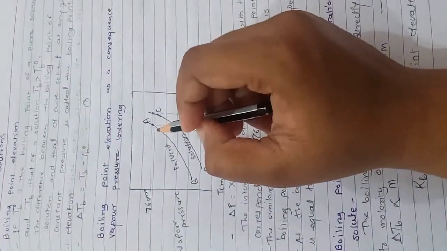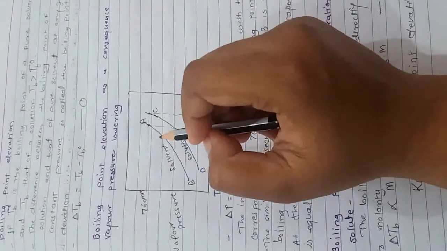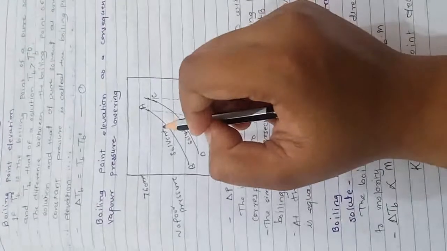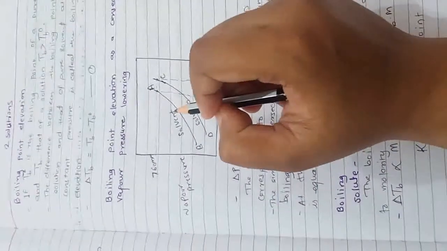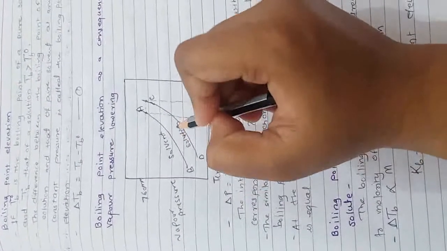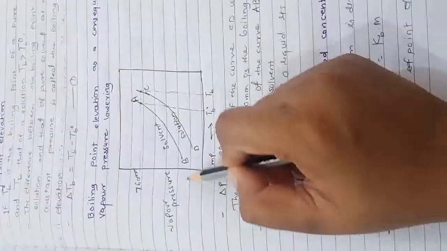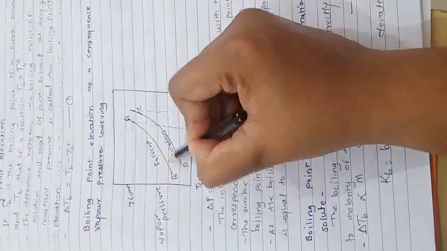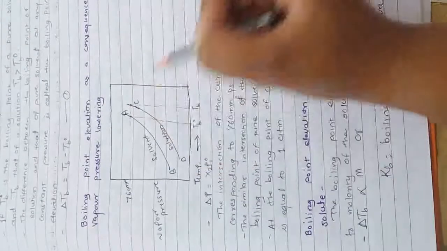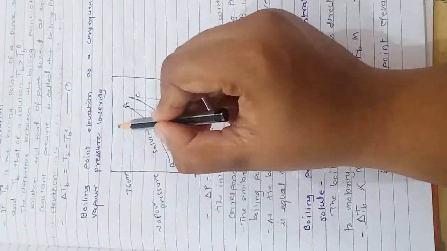To understand the elevation of boiling point, let us compare the vapor pressure of a solution and that of the pure solvent. The vapor pressures of the solution and the pure solvent are plotted as a function of temperature. This axis is temperature and this is vapor pressure. AB is the solvent and CD is the solution.